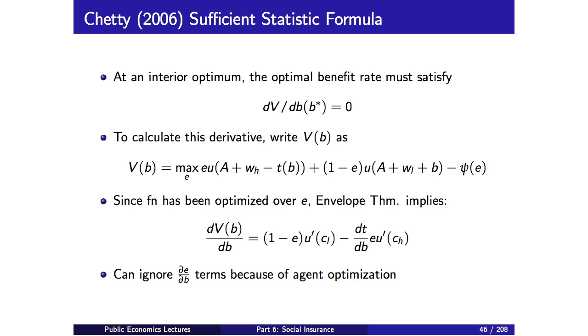Now, since this function has been optimized over E, we can apply the envelope theorem, which implies that we can ignore the impacts of changes in E on utility, because that's not going to have a first-order effect on the agent's utility. And so we can write dV/dB as follows. It's 1 minus E times the marginal utility of consumption in the low state. So that's the derivative of this expression.